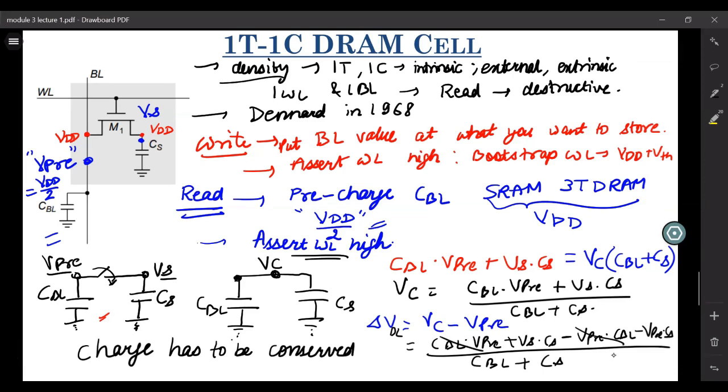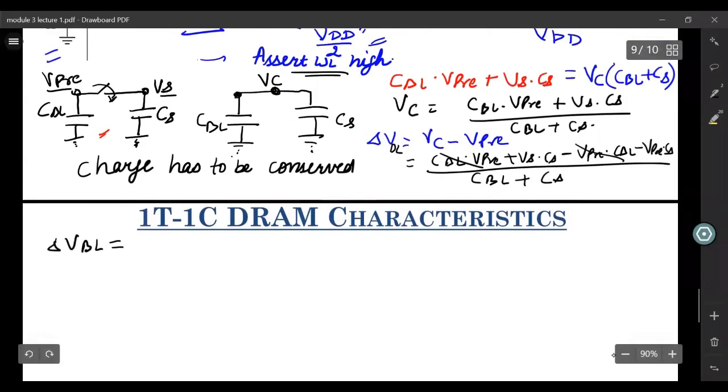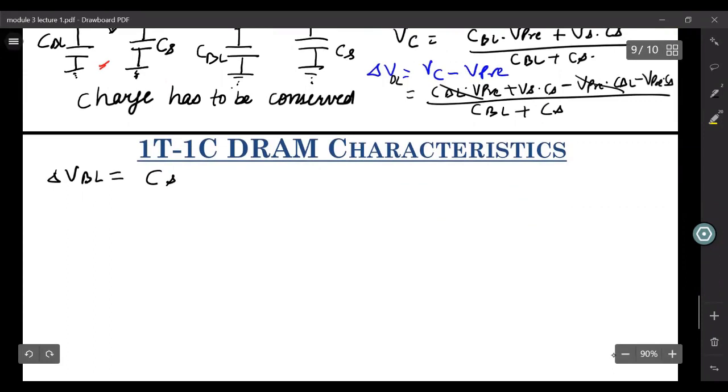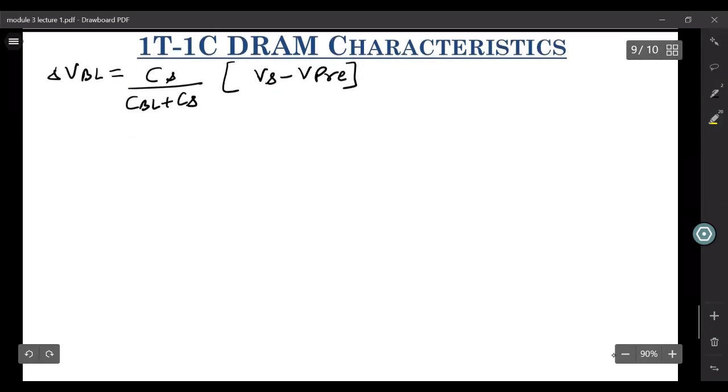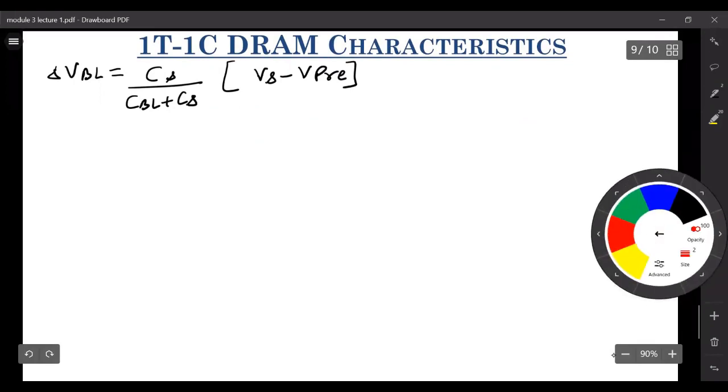So if you write it like this, the change in the bit line voltage is, if you take Cs common, Cs by CBL plus Cs multiplied by Vs minus V3. Okay. So this is the change in the bit line voltage, which your sense amplifier has to detect.